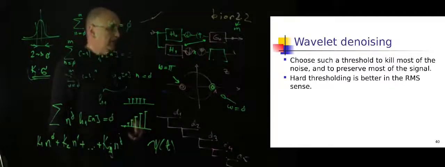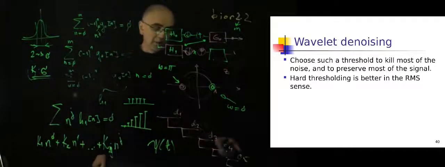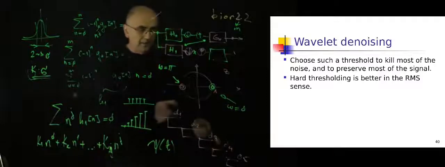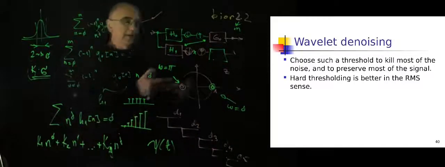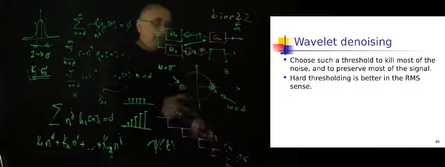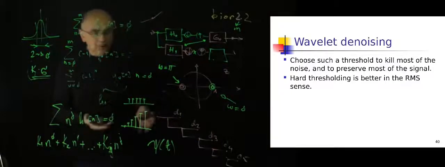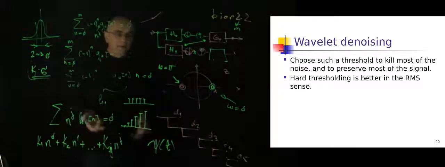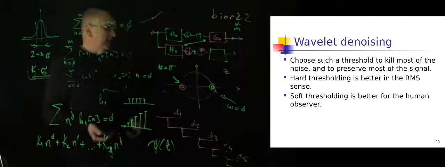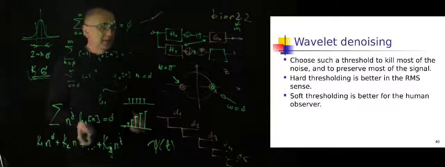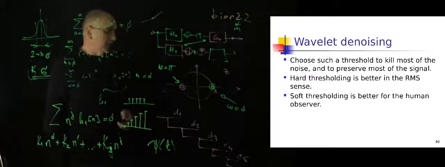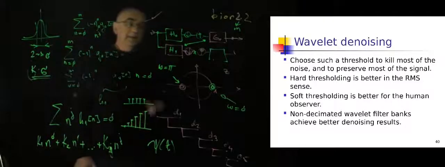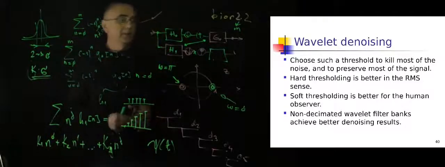Hard thresholding does not change the energy of the signal, and if you apply some signal to noise ratio measure, it's going to give better results. But soft thresholding is often better for the human observer. We can say one word more.